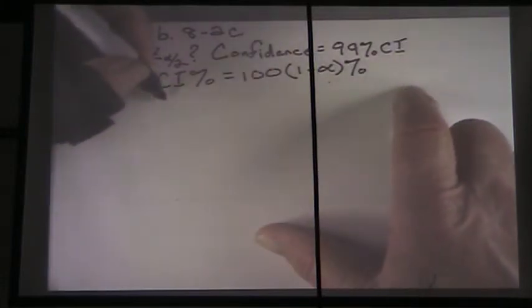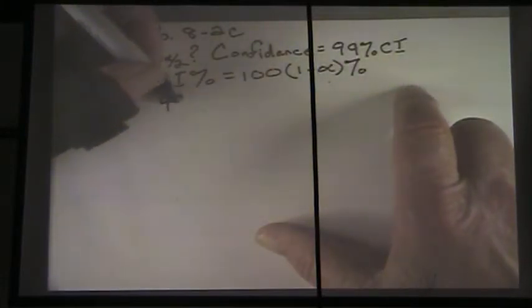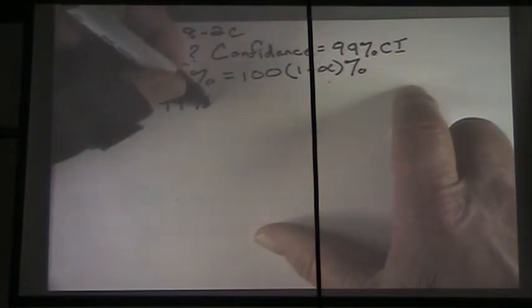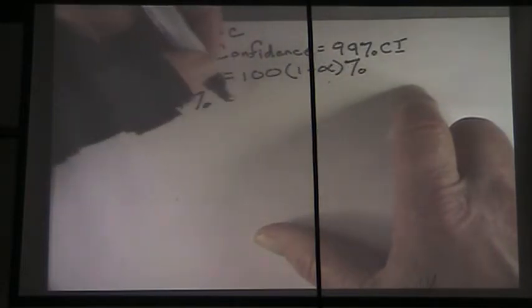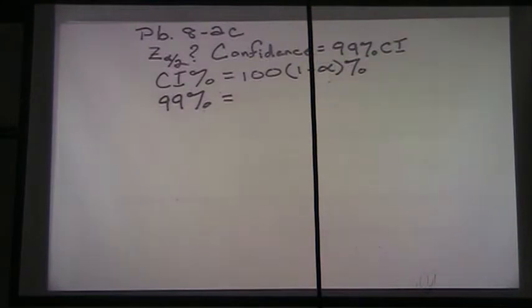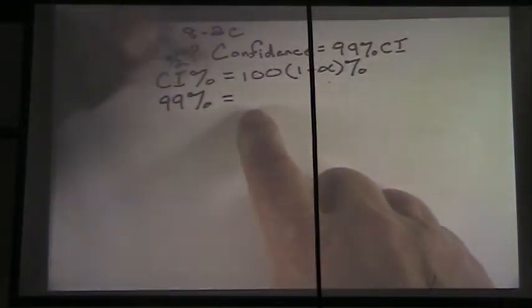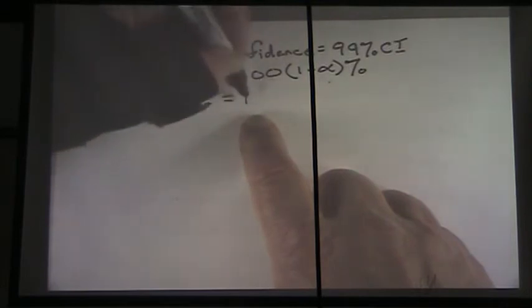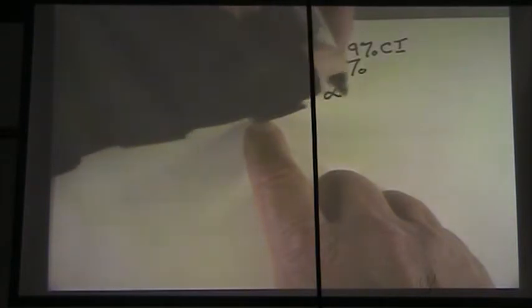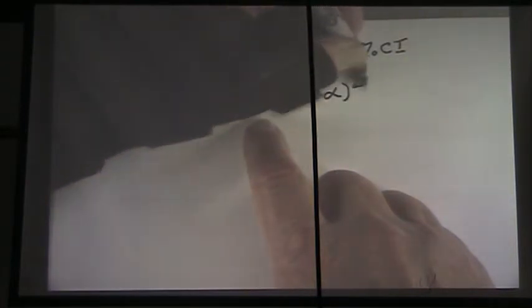So I'm going to substitute that in over here. All right, so 99% equals 100 times 1 minus alpha percent.